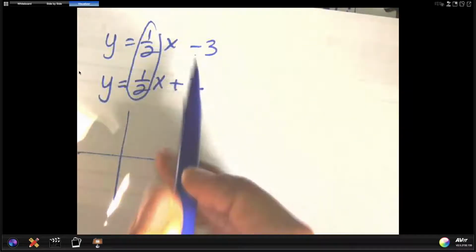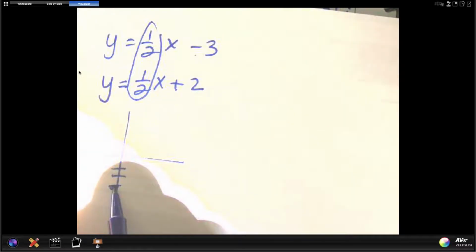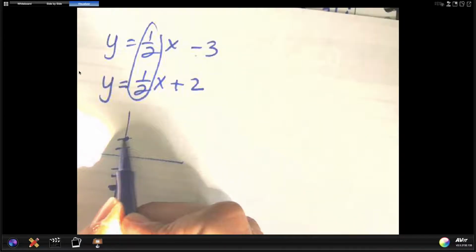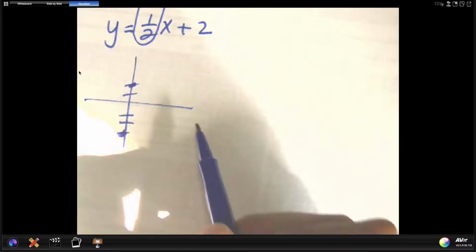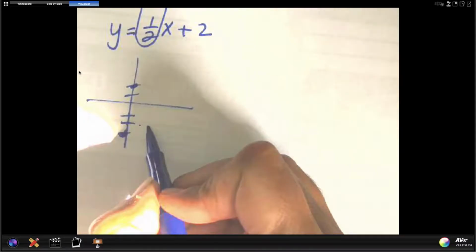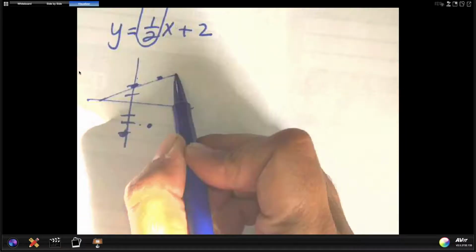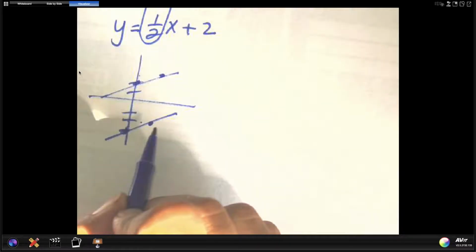So one of your y-intercepts is at -3, this y-intercept is at 2, and their slopes are the same, which means they'll always go up 1 over 2. They will never intersect because they will constantly go in the same direction.